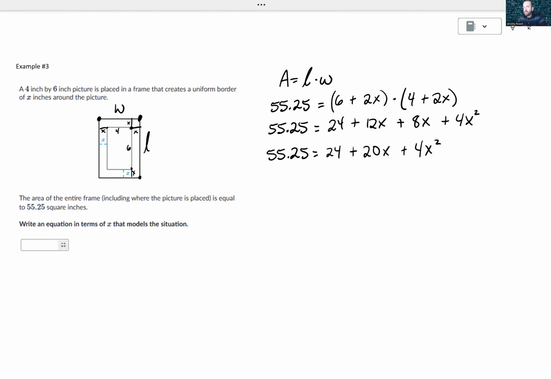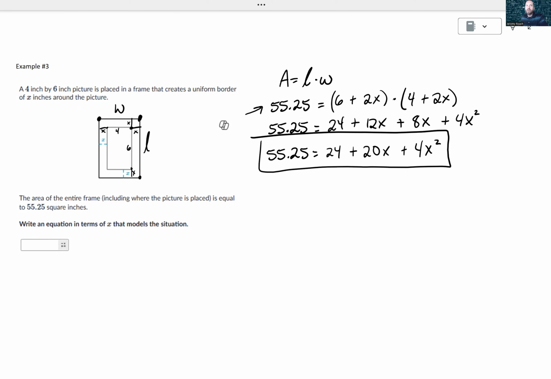And then we could set this equal to 0 and use the quadratic formula or attempt to factor this to solve for what x actually is. But it doesn't want us to do that. It just says write an equation in terms of x. So we could just say that's our final answer. In fact, if you wrote this as your final answer, I believe that would accept the answer as well. I think that would be appropriate if you just went to there and were able to define what the variables are.